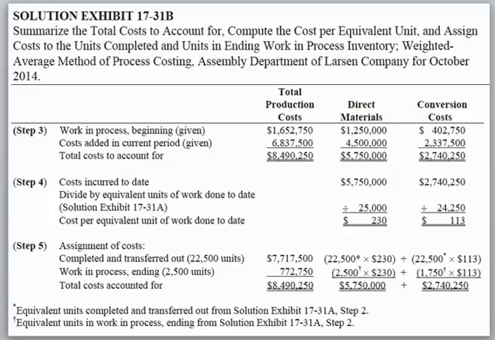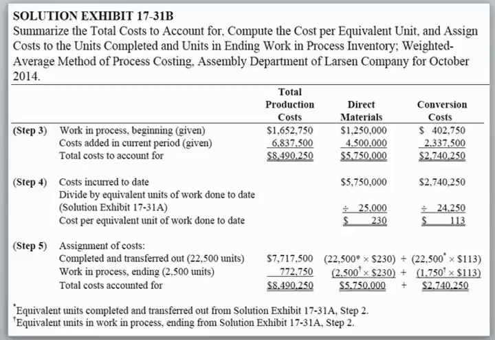Here is a solution. It summarizes the total cost to account for, computes the cost per equivalent unit, and assigns costs to the units completed and units in ending work in process inventory.